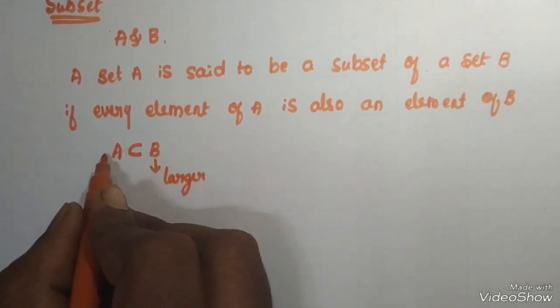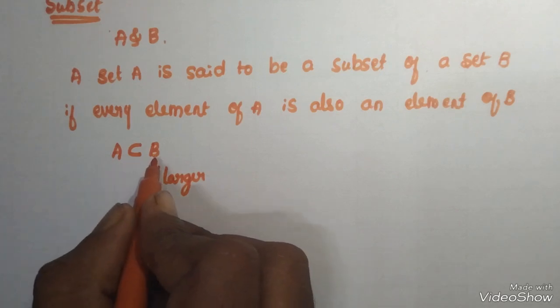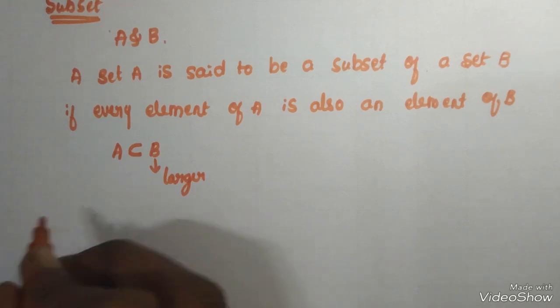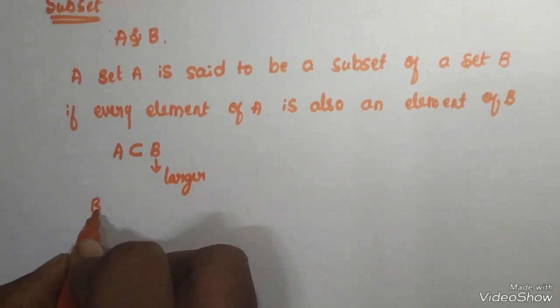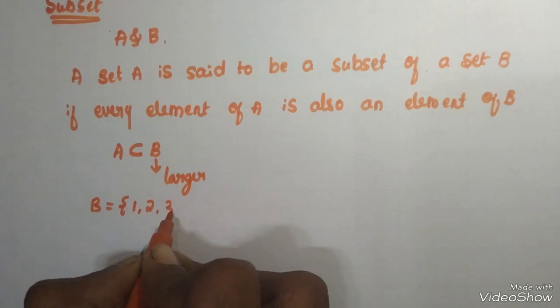When we say A is a subset, A contains all or some of the elements of B. For example, here I am considering a set B containing the elements 1, 2, 3.